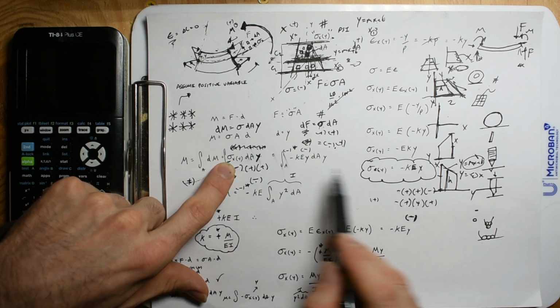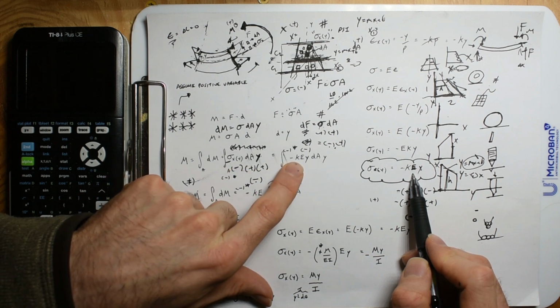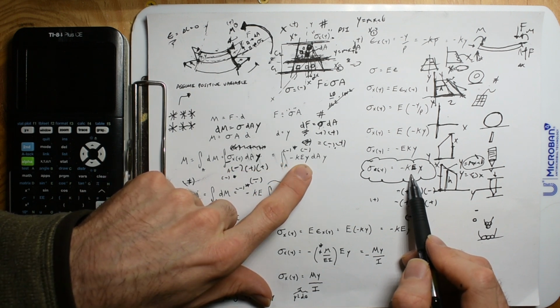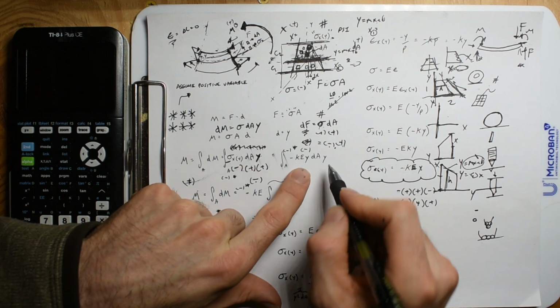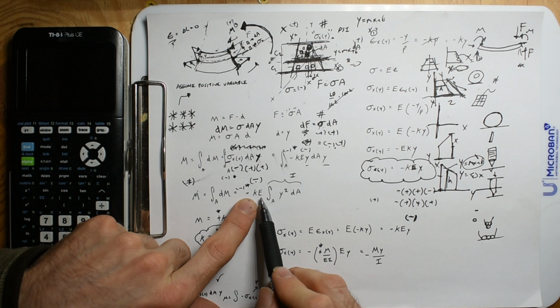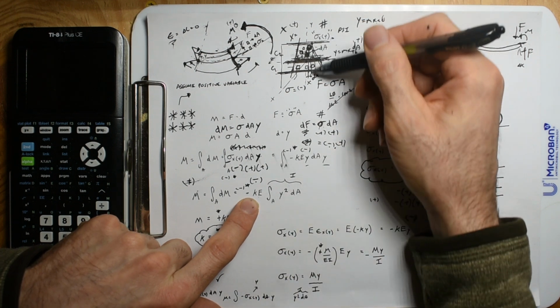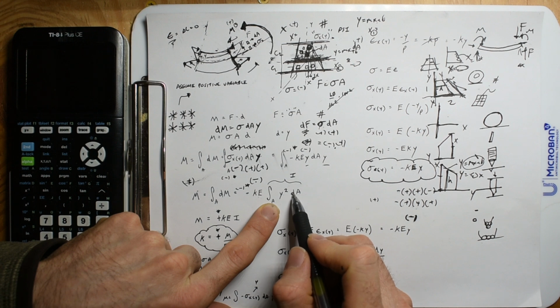I'm going to substitute this equation in for sigma x of y. So we're going to have negative curvature, modulus of elasticity, that's the constant, E, dA, and then this y. So we're going to have two of those y's. This negative Ka gets factored out of the integration. We're going to integrate across the area. We're going to have y squared dA.